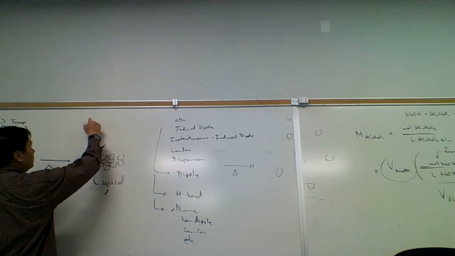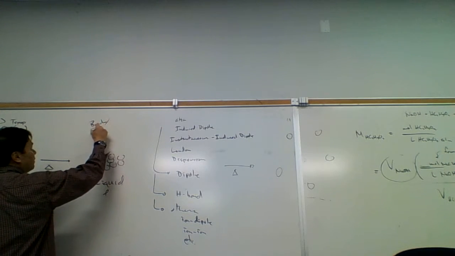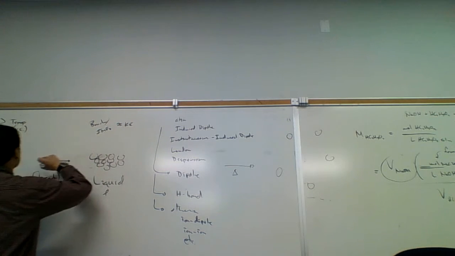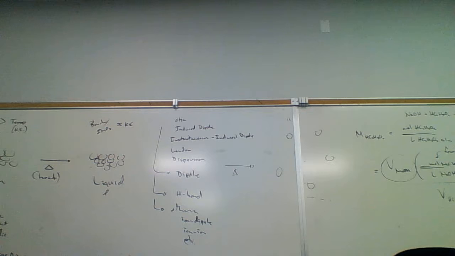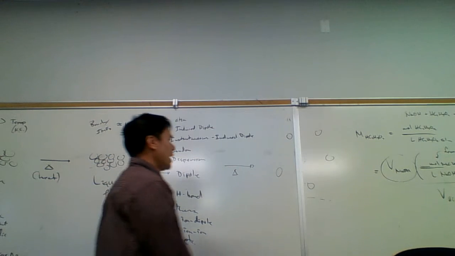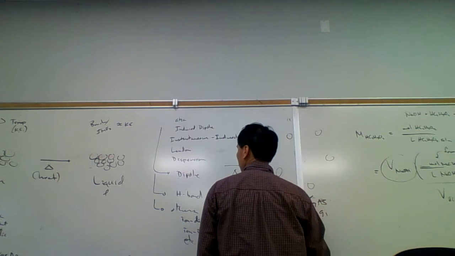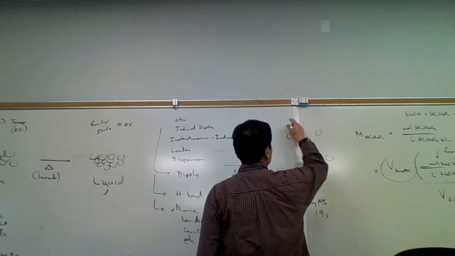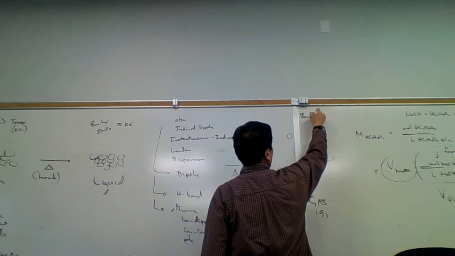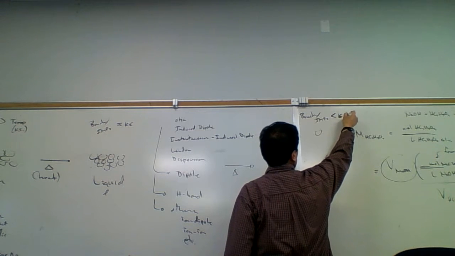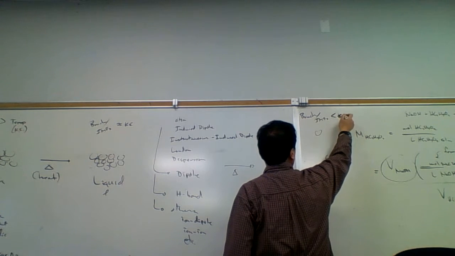So for liquids, the bonds and the IMFs are about the same as the kinetic energy. And so it's partially broken up, the bonds and IMFs that hold it. But for gases, basically the kinetic energy is too much. And so the bonds and IMFs are weaker than the kinetic energy, and break everything apart.